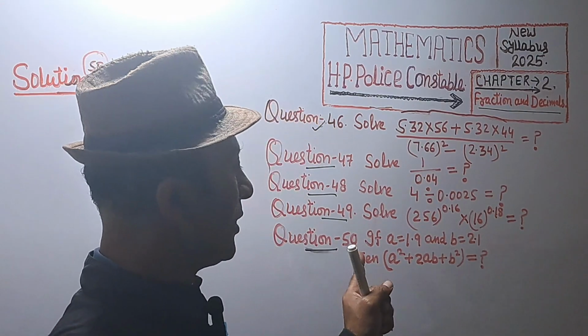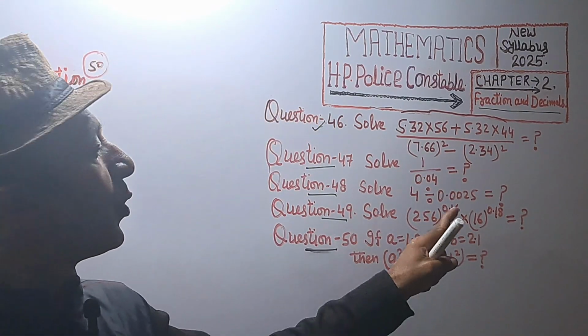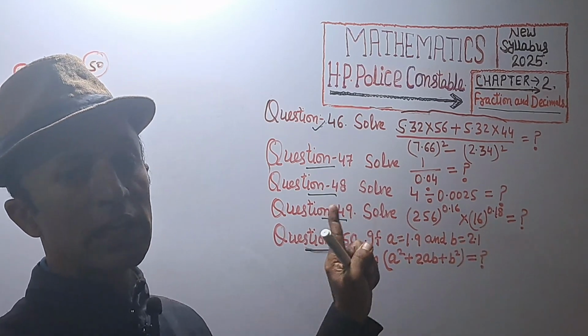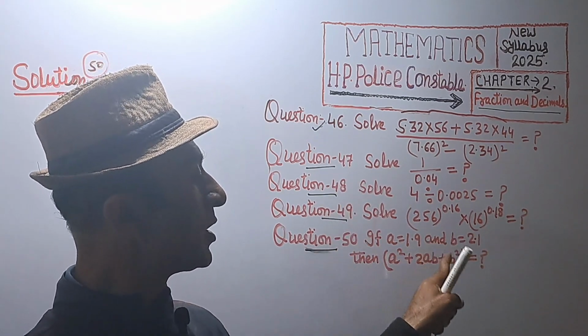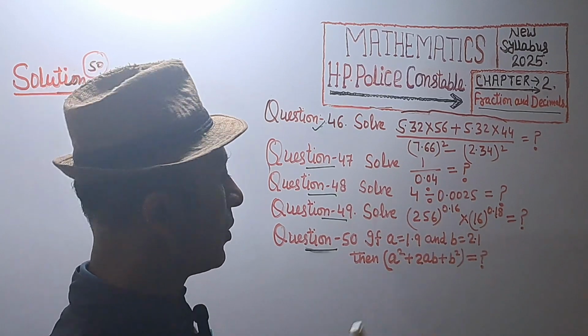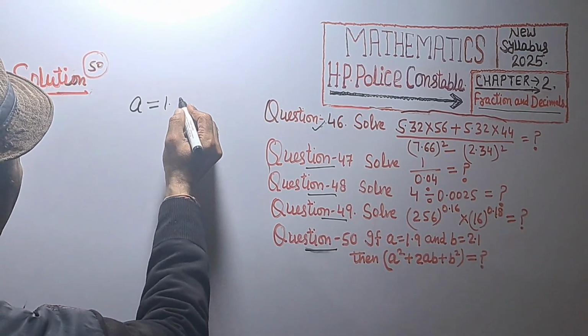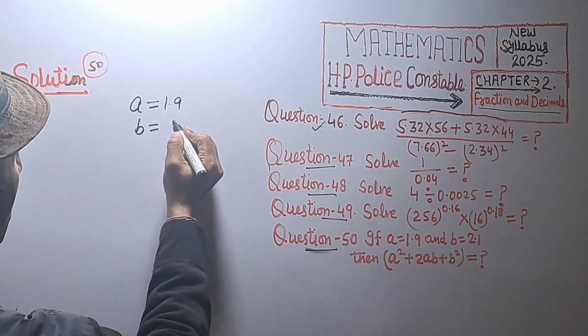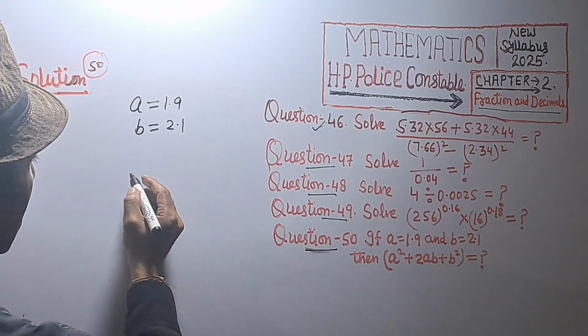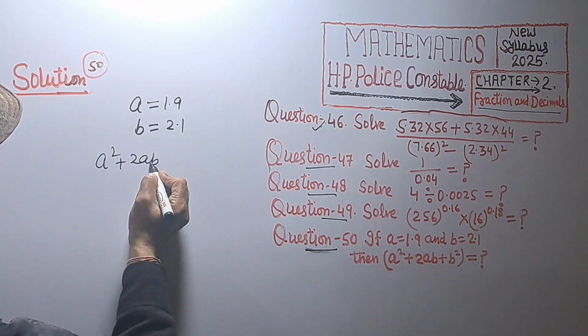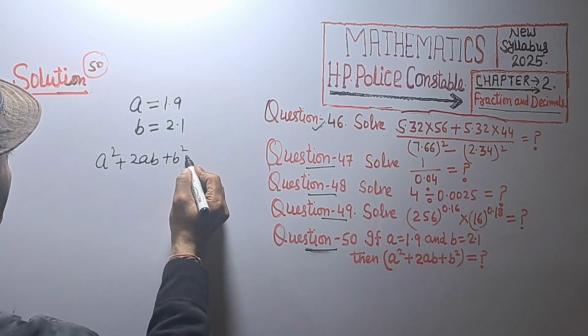Next question 50. If A is 1.9 and B is 2.1, then A square plus 2AB plus B square is equal to ? Given A is equal to 1.9, B is equal to 2.1.